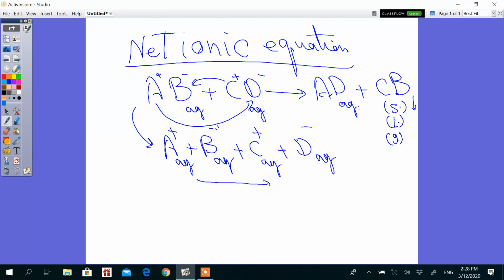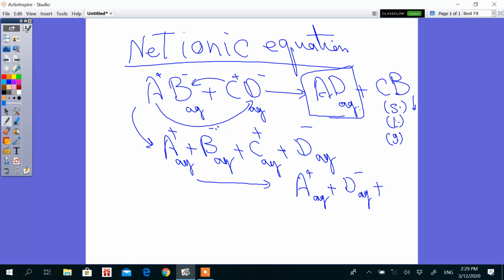That's my original equation. It produced AD, and as I see, AD is aqueous, so I can write A positive aqueous plus D negative aqueous.